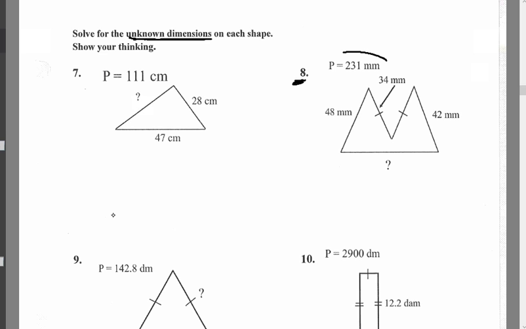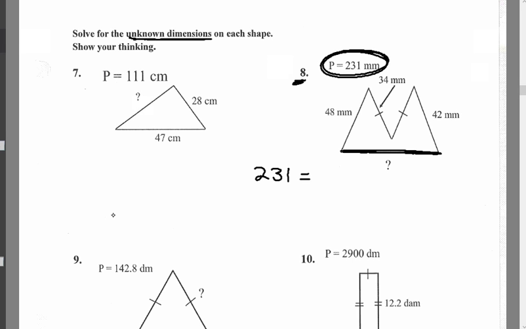We see with number 8, the perimeter is given this time. Well, if perimeter is given and we have an unknown side, I still want to start with that expression. But this time, instead of putting perimeter equals, well, we now know what perimeter is. So we can put our perimeter in, 231, and now write the expression.